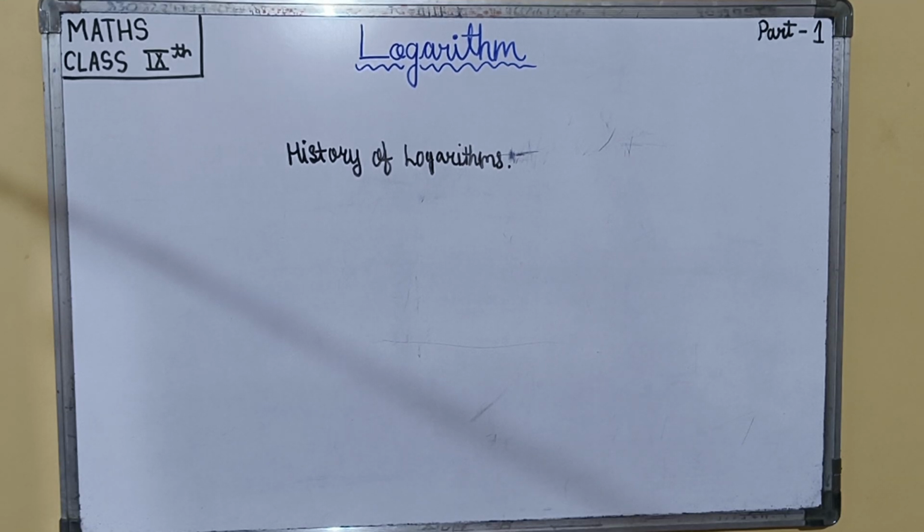Jost Burgi, another mathematician from Prague, had been working independently on logarithms at the same time as Napier, but in a slightly different way. He realized his log tables in 1920.